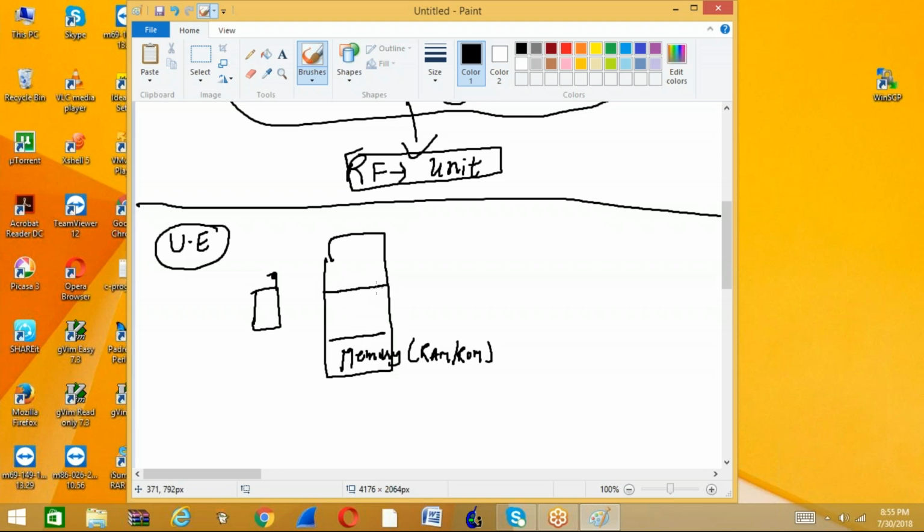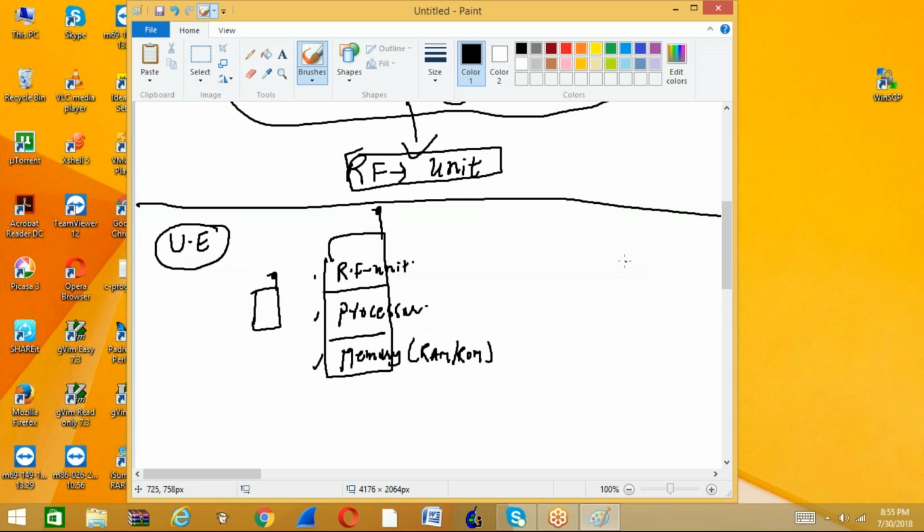The second part is a processor, and the third part is an RF unit. This RF unit is connected with the antenna. So this is your mobile. Mobile contains a memory, a processor, and an RF unit.